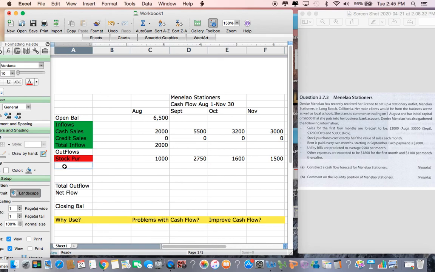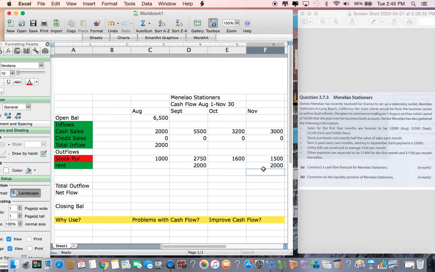Okay, next one is she's got to pay the rent. Rent is paid every 2 months starting in September. She is paying $2,000 per month. Then skip. There's another 2 months, every 2 months.